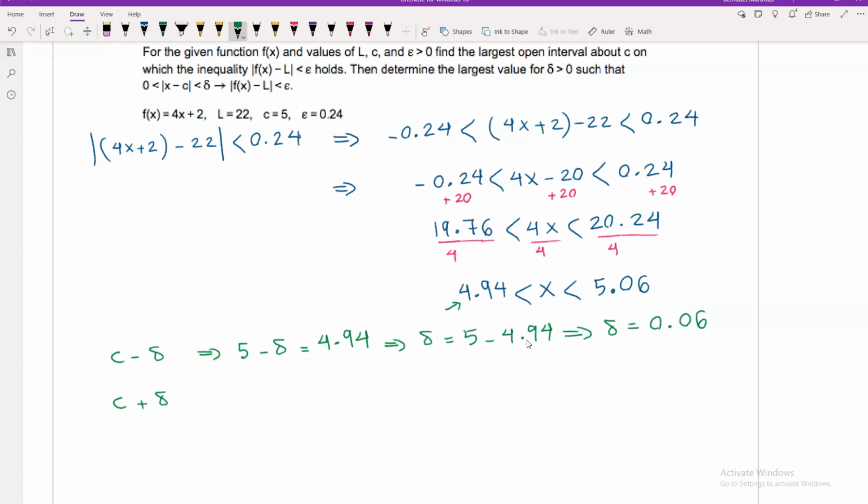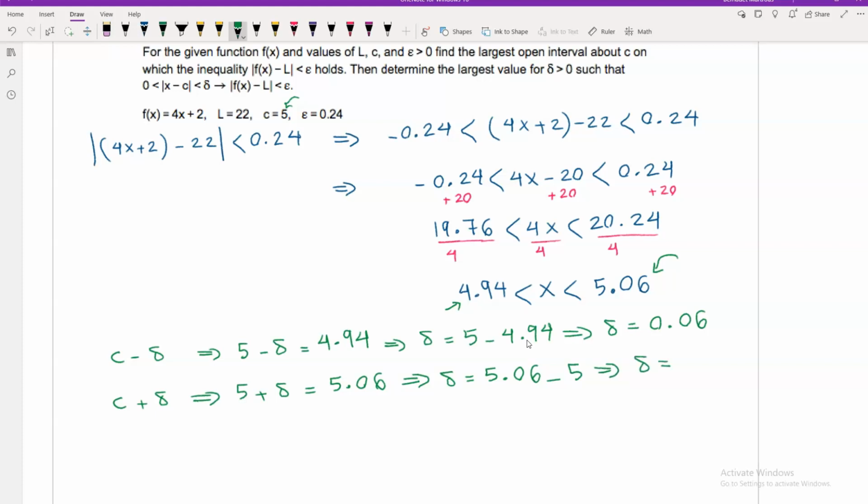And using this part, which is what we have on the right side of our interval, instead of C, what is given here on top, it's 5 plus delta, that is equal to this number, 5.06. This implies delta is equal to 5.06 minus 5.